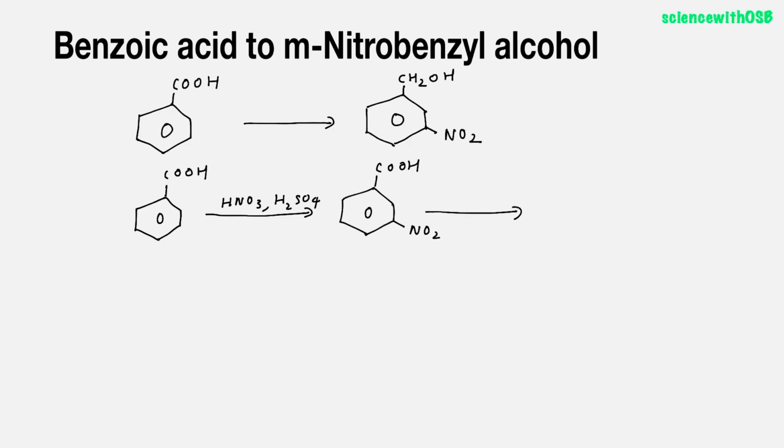We are going to convert the COOH group to CH2OH by using a strong reducing agent, LiAlH4. So what will you be getting? Instead of the COOH group, you will be getting CH2OH, and on the meta position you already have NO2. And remember, LiAlH4 does not reduce the NO2 group. So we start with benzoic acid and we got meta-nitrobenzyl alcohol.